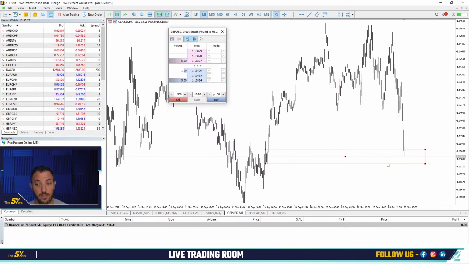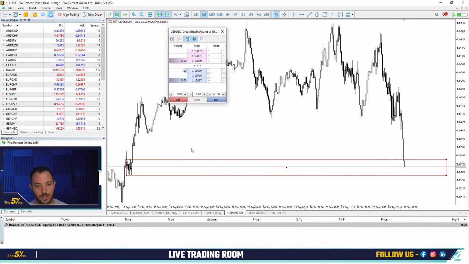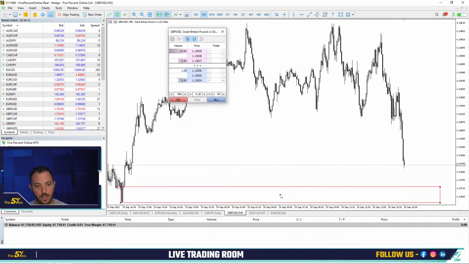So I need some buyers to get active here to give me the pullback, so I can sell after the pullback. If we just break that, we will go all the way to the next demand area. But before that, I would like to get a pullback and the opportunity to join.